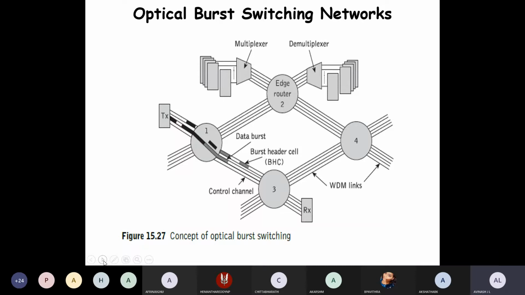You can see the concept of optical burst switching. There are edge routers. Why will an edge router be there? When you are routing data from one network to some other network, we use the edge router. In that diagram you can see there are 1, 2, 3, 4 networks with routers, and one of them is the edge router. The data will be transferred over the optical burst switching concept.